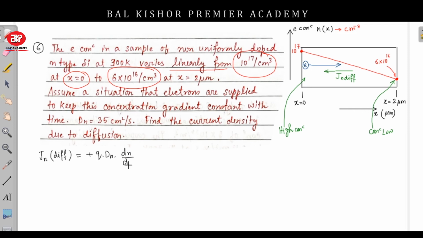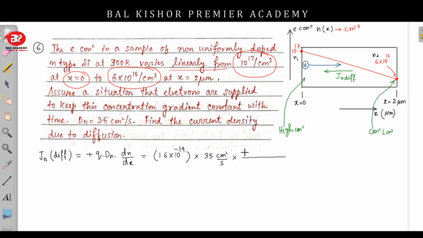The Q value is 1.6 into 10 to the power minus 19, and the Dn value is given as 35 centimeter square per second. And what is dn by dx? dn by dx is nothing but n2 minus n1 over x2 minus x1. Suppose I take this as n2 and this as n1.